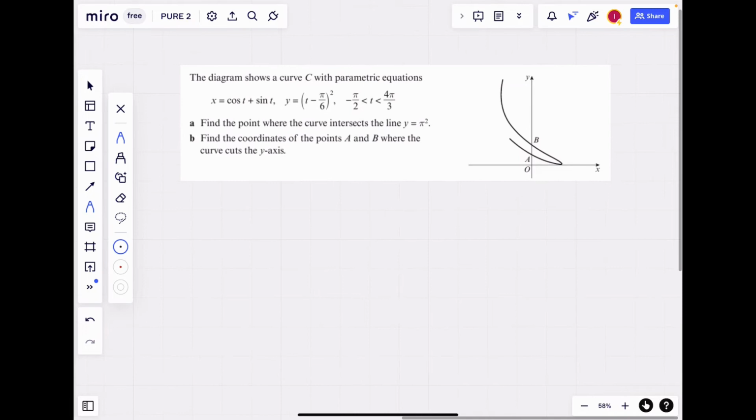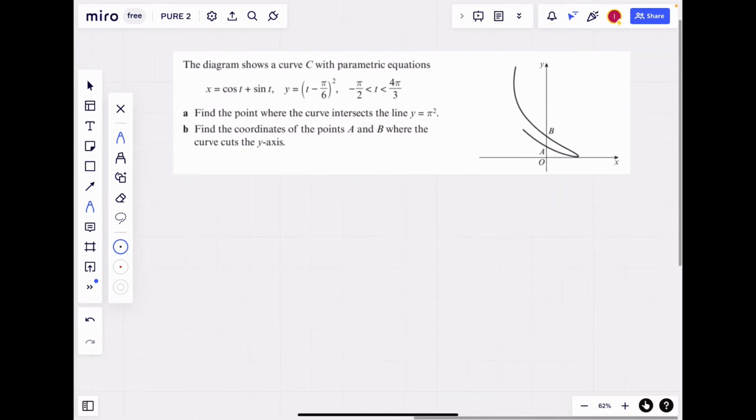Have a look at this one. Can you try this one on your own, please? It says, find the point where the curve intersects the line y equals pi squared. So you take your y parametric, you make that equal to pi squared. And now you can solve for t.